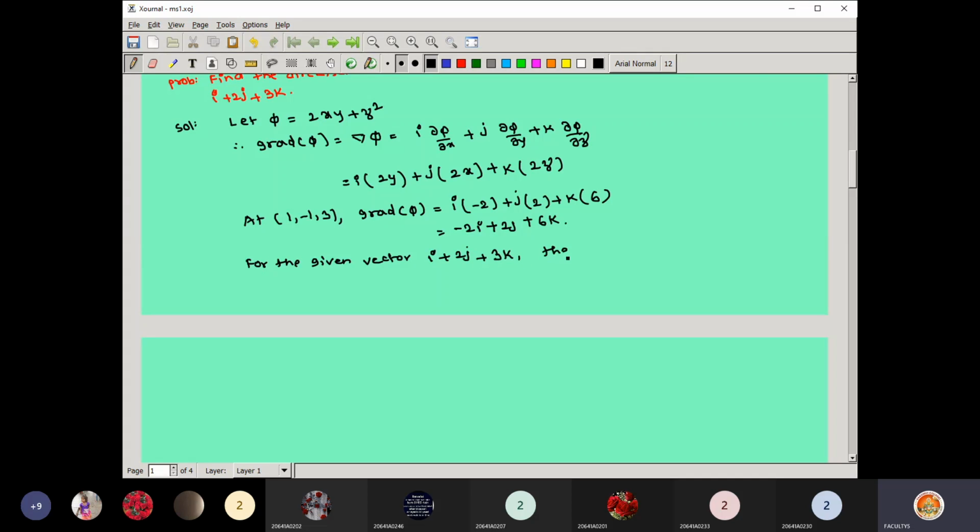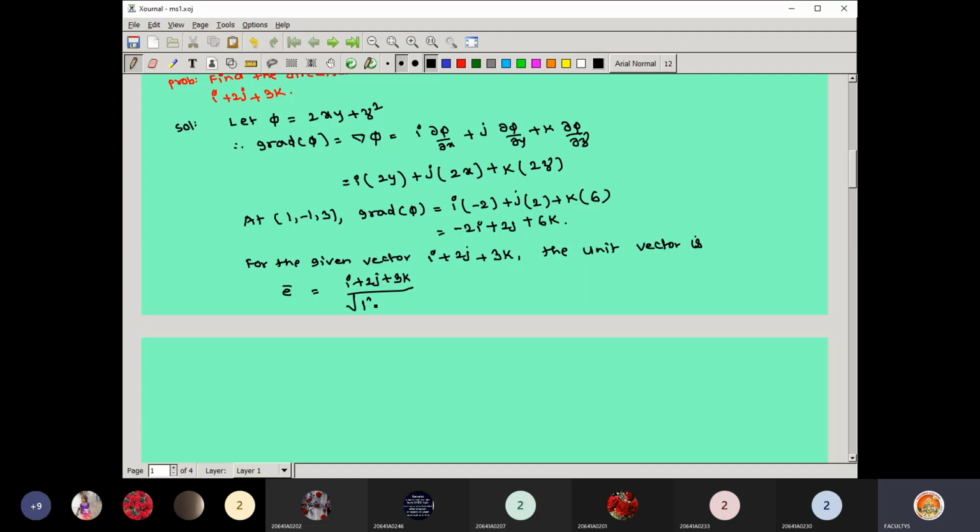The unit vector is generally denoted here as E bar. Write down the same: i plus 2j plus 3k divided by the square root of the sum of the coefficients squared.